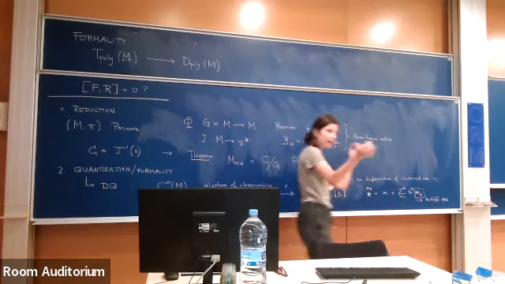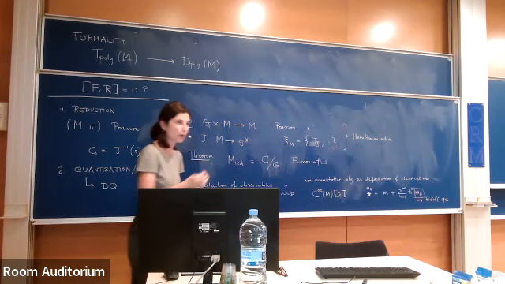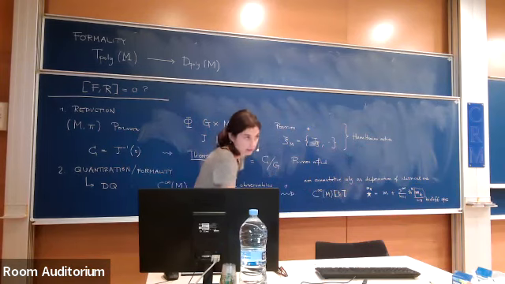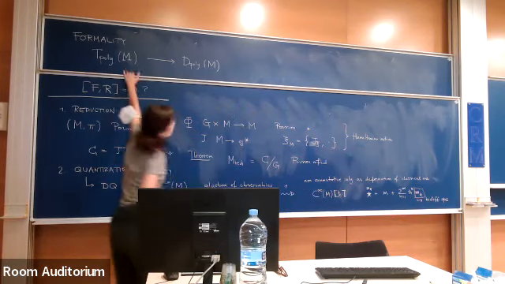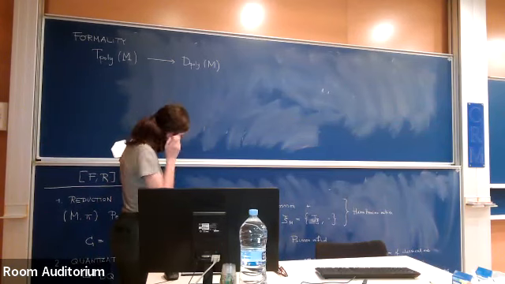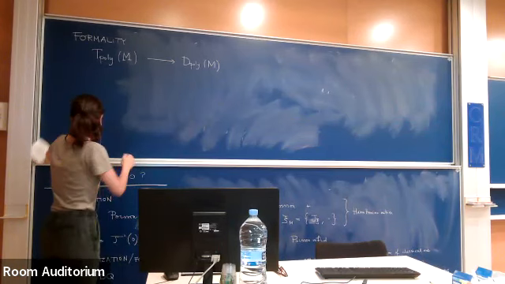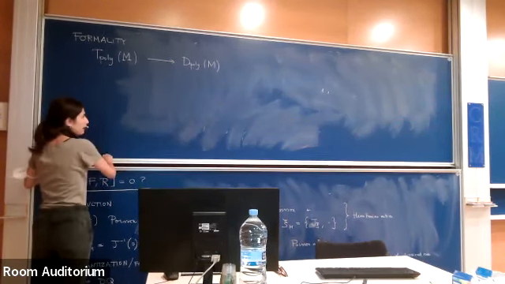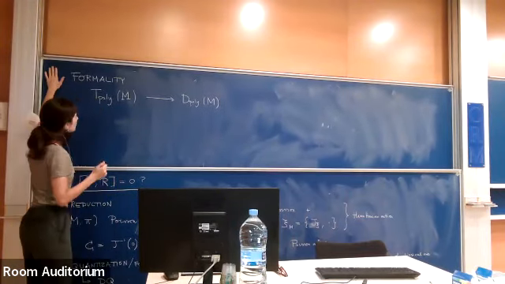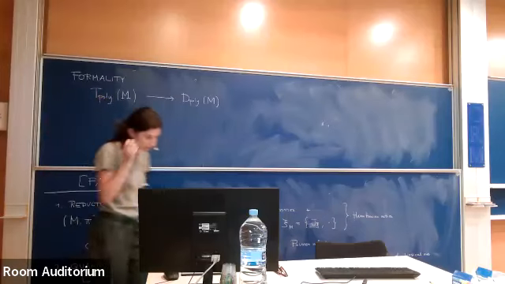So if I can connect these two objects in a suitable way, then I can say, okay, this arrow exists, I have it. So formality does this work. It actually proves that this morphism exists, but I really have to explain what kind of morphism this is. I will do that.